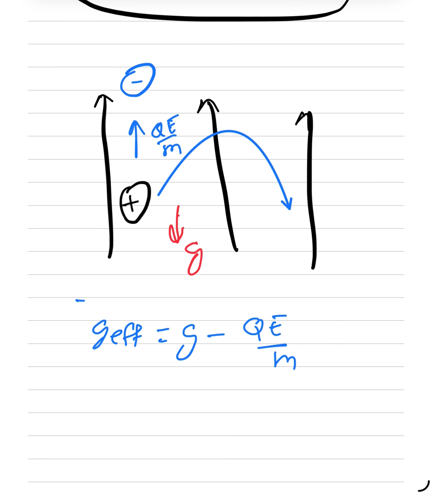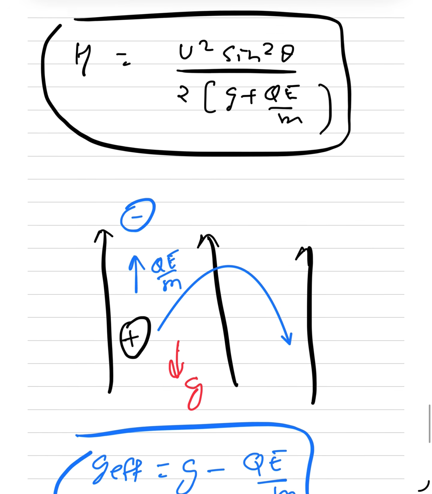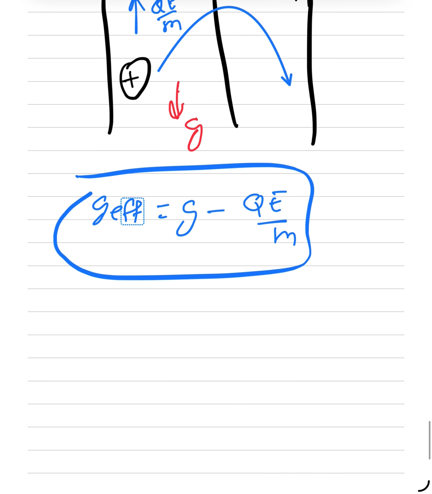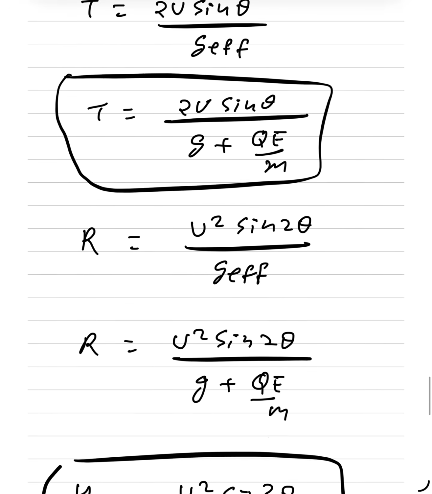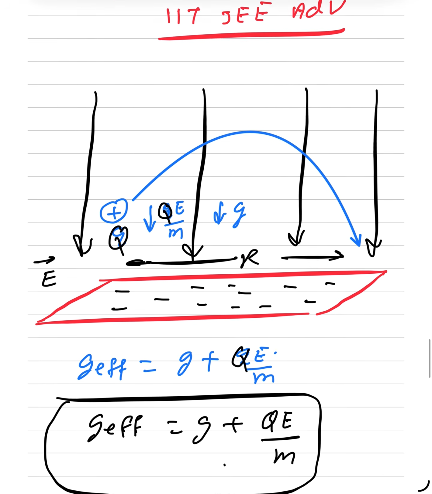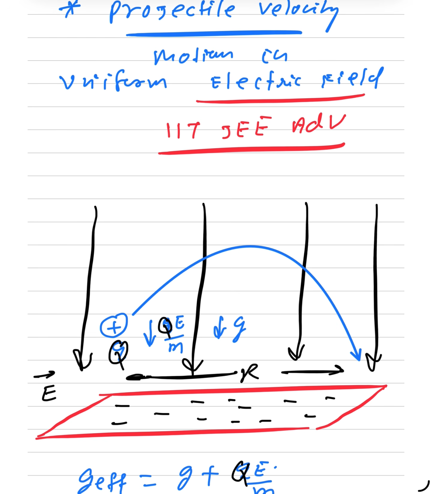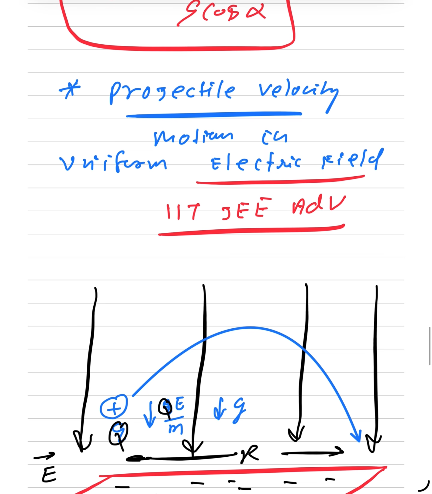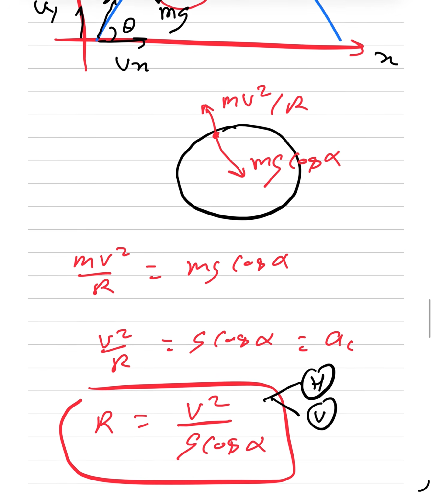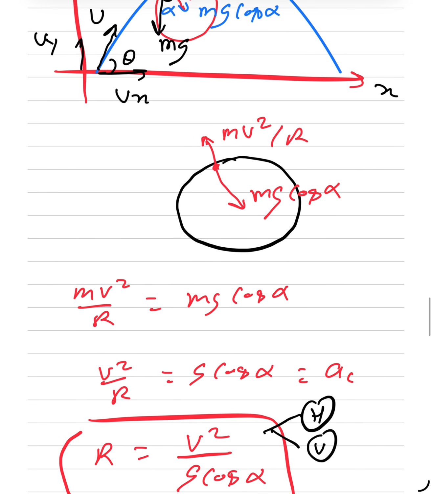Here g effective equals g minus qE divided by m. Using the same concept we calculate the projectile range, height, equations, and also the velocity of the projectile. This is the basic concept of projectile velocity.